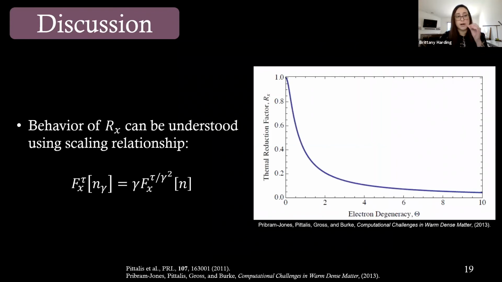And the behavior of Rx can be better understood using the basic scaling relationship below of the coordinate scale of the exchange, a function of the exchange of the coordinate scale density with the unscaled coordinate density function.